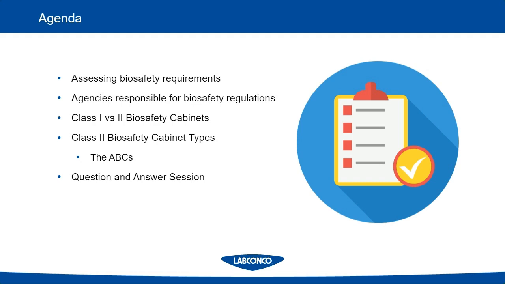From there, we're going to dive into the specific Class II biosafety cabinets, the A, the B, and the C of Class II biosafety cabinets. And after that, we're going to have a brief question and answer session. So any questions, please feel free to type them into the box to the right of your screen as they come up. And we'll get to those towards the end of the talk today.